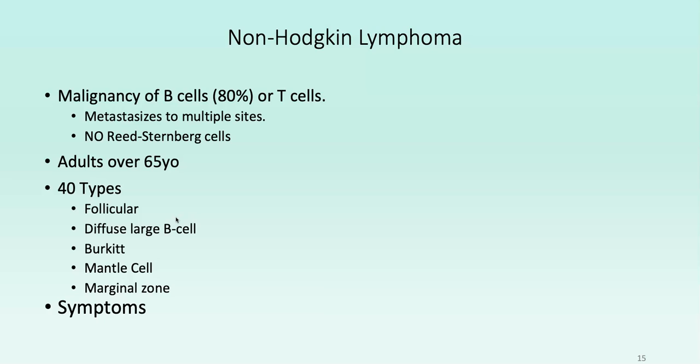The peak age of occurrence is 3 to 7 years old. 100% of patients in Africa have had an infection where Epstein-Barr virus was the cause of that infection. So there's a strong link between Epstein-Barr virus and this form of lymphoma, Burkitt lymphoma.